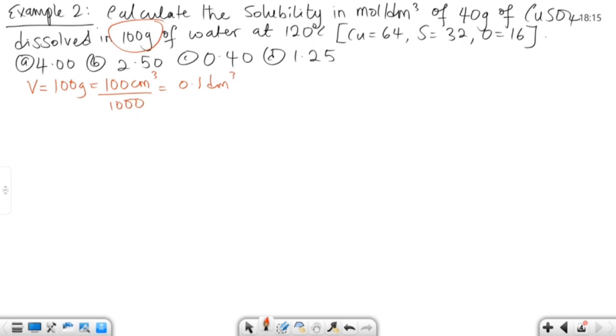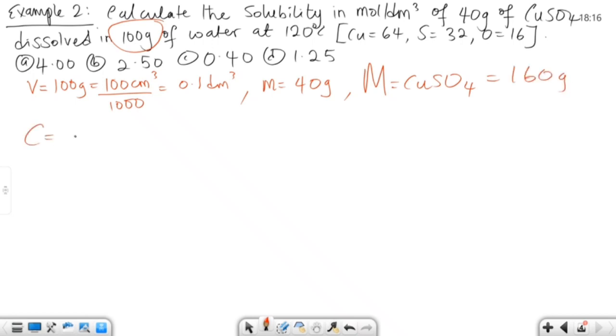That will give you 0.1 dm³. Let's look at other parameters. The 40 gram is your small m, which is the mass of the salt. To save time, the molar mass of copper sulfate, CuSO4, is equal to 160 grams.